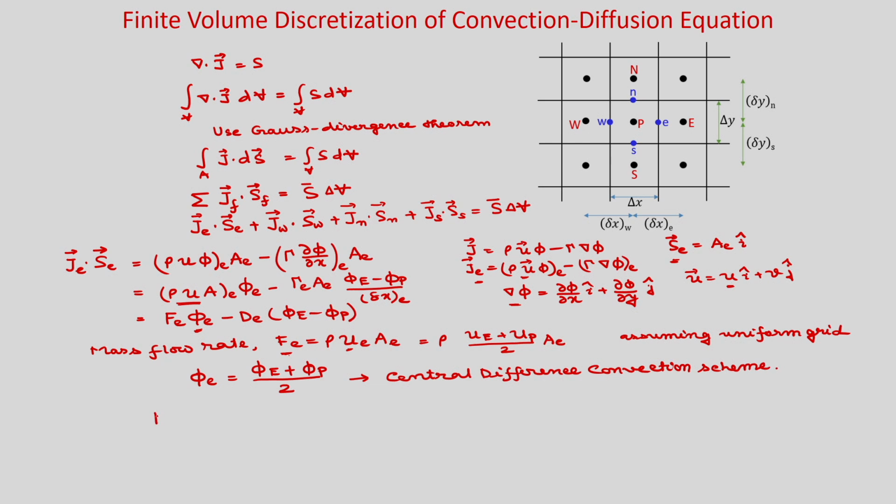Okay. So, if you see F_e phi_e, the value of phi_e sometimes will be determined depending on the value of F_e, whether it is positive or negative. So, F_e is known as the convective coefficient and phi_e is known as the convected variable.